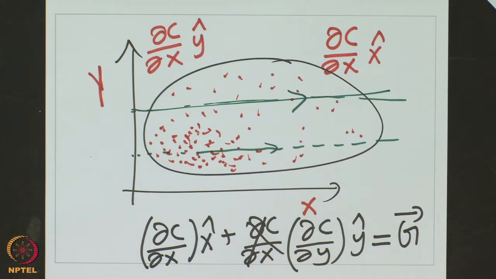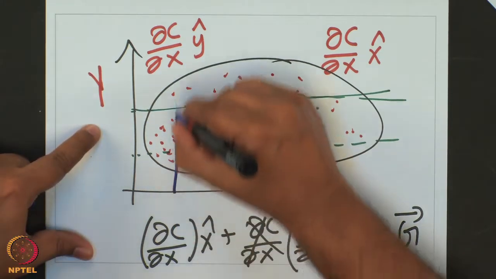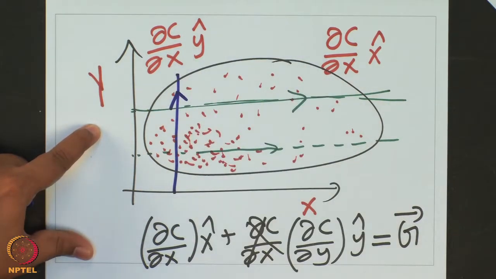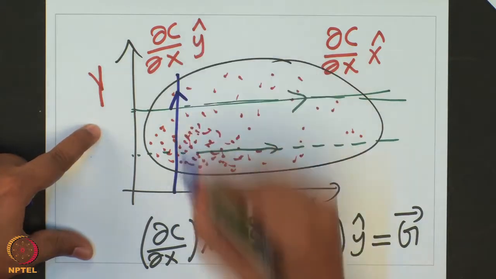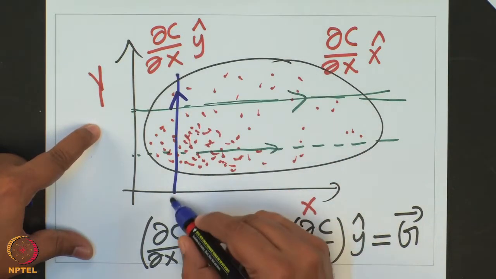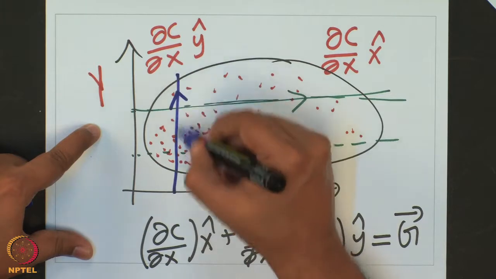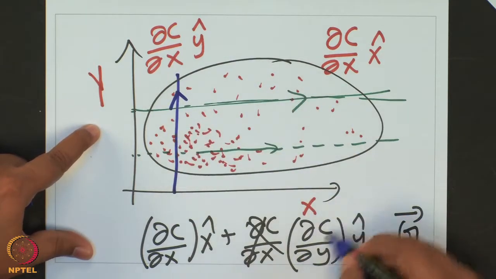And this gives, for a given x value, how the concentration changes along the y-axis. Keep this x value and go along this line: how the concentration is changing is del C by del y, and the direction is y cap.